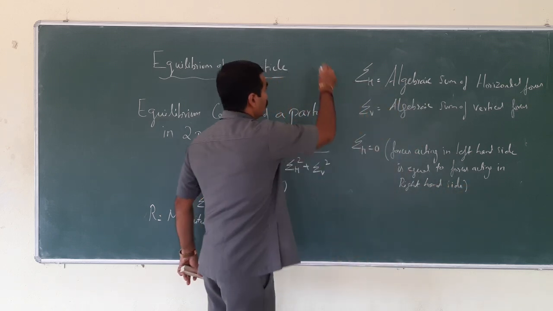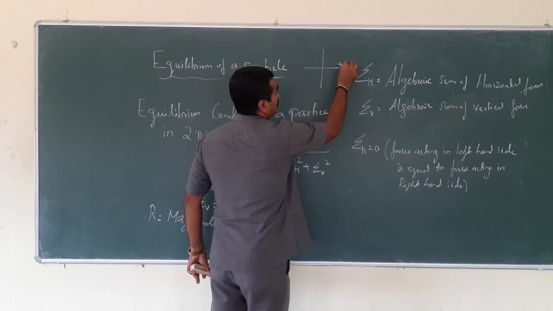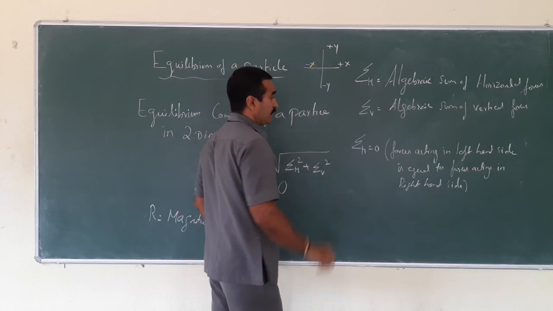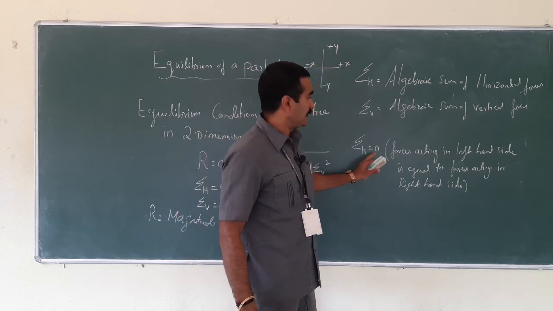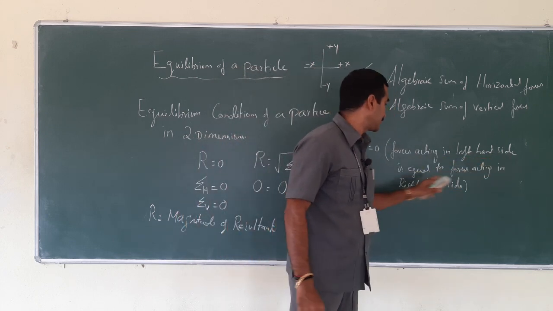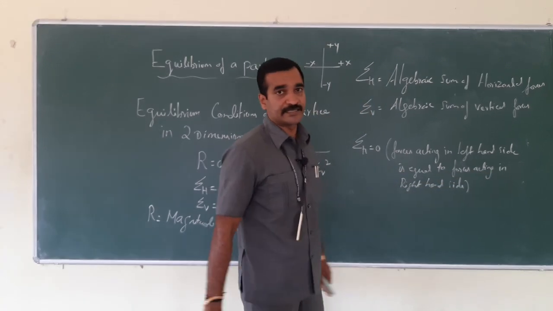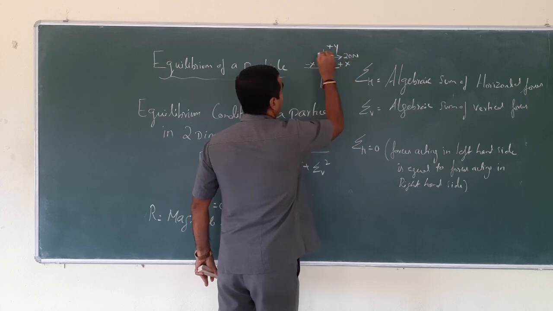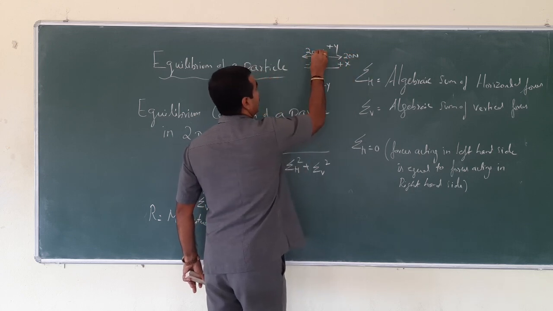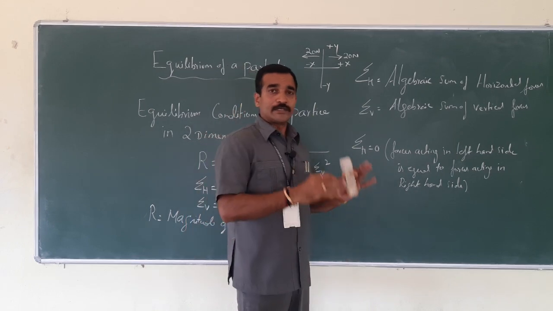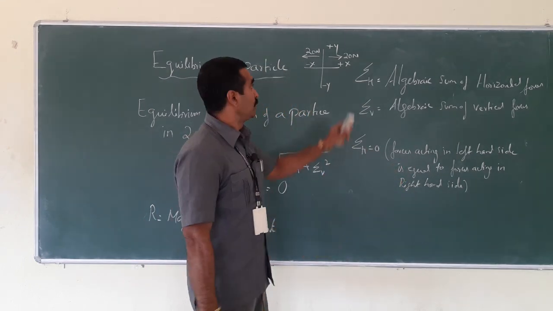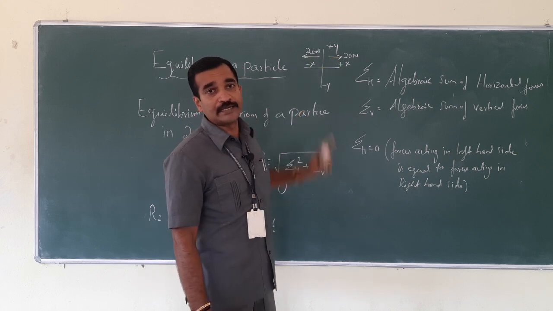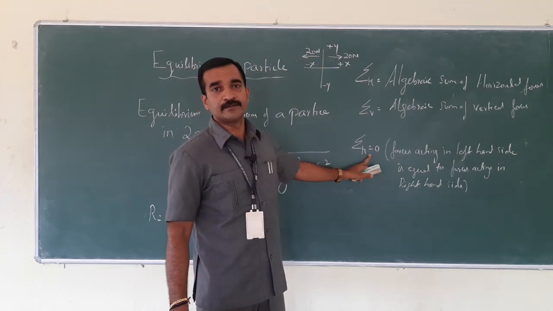Right, as I taught you, if this is plus x, this is plus y, this is minus y, this is minus x. Look at here, what this statement says: forces acting on the left hand side equal the forces acting on the right hand side. Suppose a force is acting here of 20 Newton and a force is acting in this direction 20 Newton. When you calculate the sum of horizontal forces, you will take this as a positive value and this as a negative value. When you just sum it, you will get 0. That's what it says here.